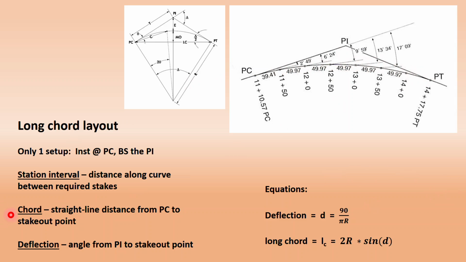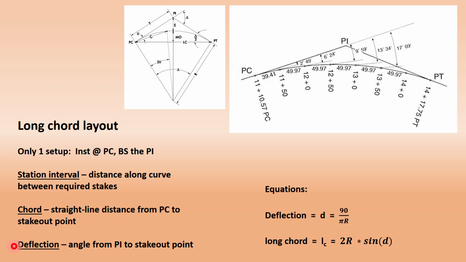Our textbook calls this the long chord method, but I'm going to show you in a second why I don't really like that name. But just remember, a chord here means the straight line distance from the PC out to the points along the curve that you need to establish. So it's always that straight line distance, which is inevitably shorter than your arc distance.